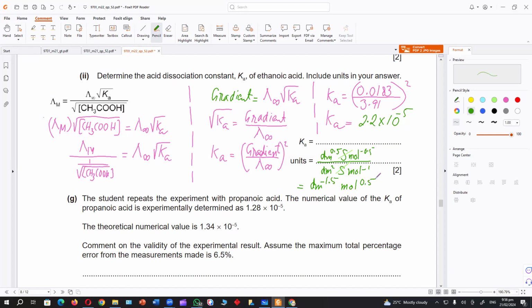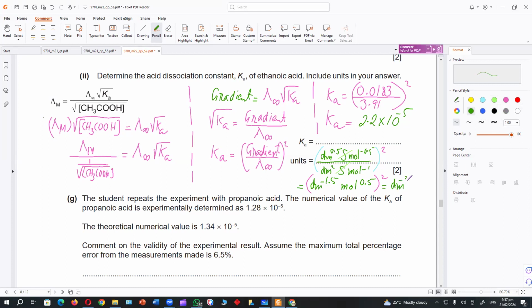Shouldn't we also include the units of concentration? You're right, but actually, I was thinking we should put a square on it. No, actually, we have our final formula: Ka is equal to gradient upon this symbol M. Actually, the root is already covered in it. Now, the only thing which I feel we should include is the power. So when you put power on it, now how much is 1.5 into 2?